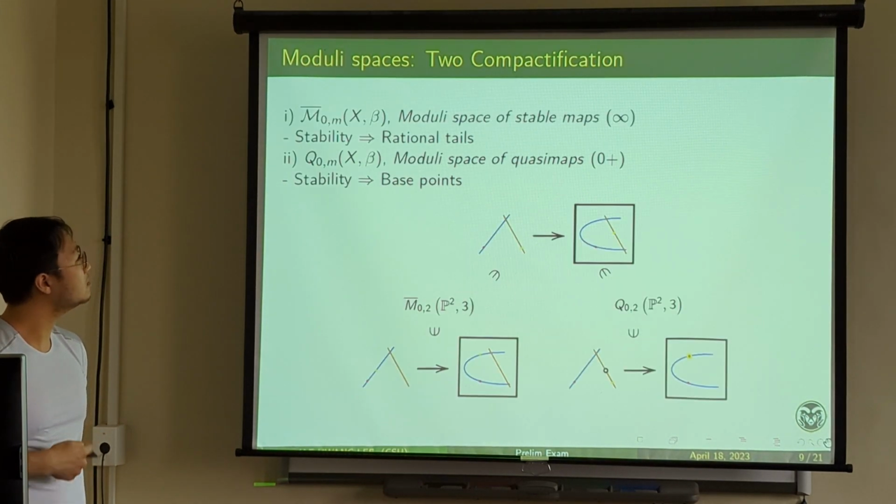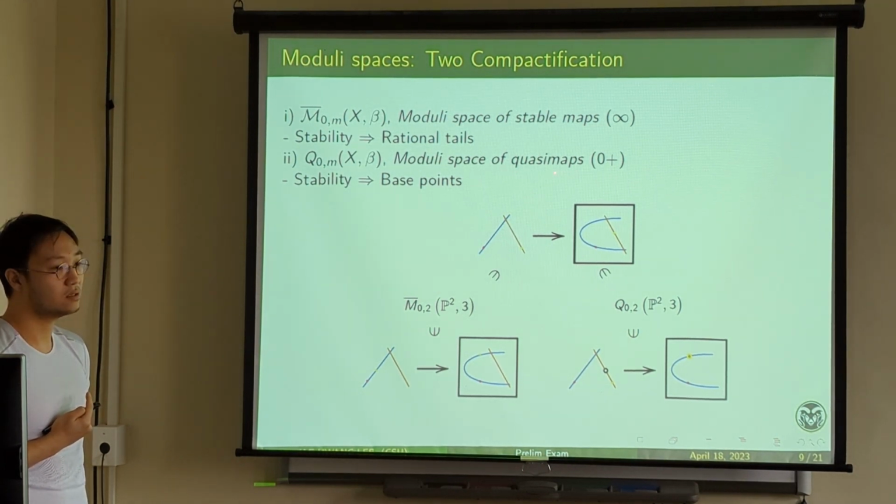Then there are two ways to do that. One is the moduli space of stable maps. The second one is the moduli space of Quasimaps. For the stable maps, I'm going to put an infinity symbol, and a 0 plus symbol for the Quasimap moduli space.